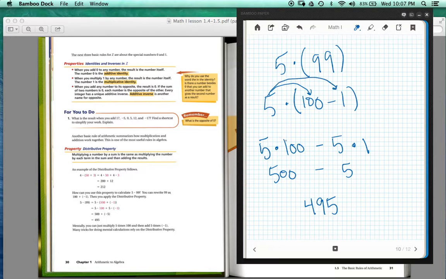So now we have 5 times 100, which we know is 500, minus, don't forget the sign in the middle, 5 times 1, which is 5. And that's pretty simple. 500 minus 5 is 495. So if you can think about breaking it down to something easier, the distributive property will allow you to get to your answer.